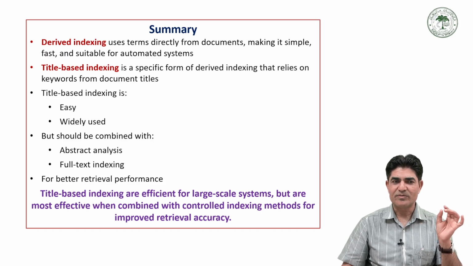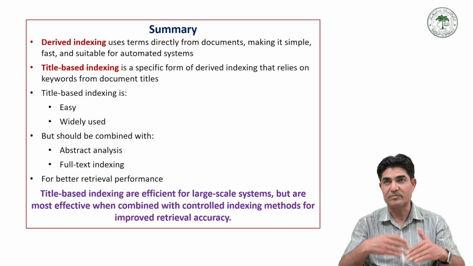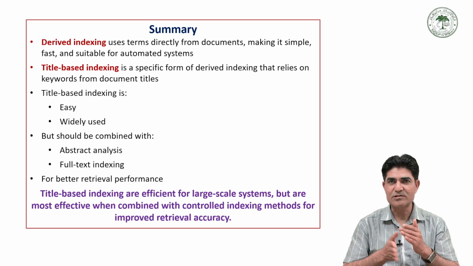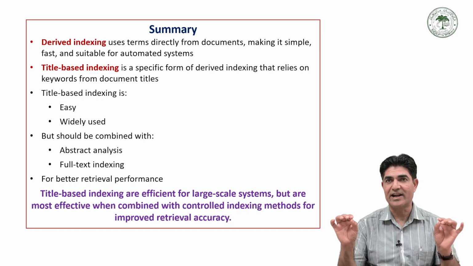But it should be combined with some more aspects, that is, abstract analysis and full-text indexing. Today in the digital environment, where most documents are in digital format, it is also easy that we should not rely completely on the title.